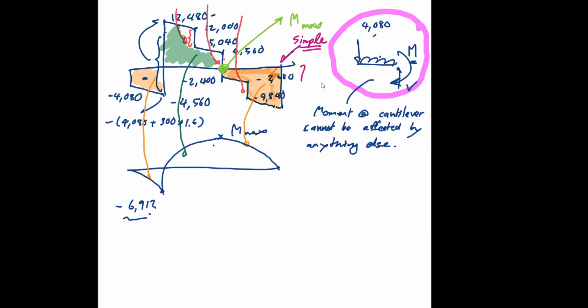Instead of calculating from left to right and then trying to add this number with this positive area to get the M max, you could also calculate the M max by simply looking at the negative area on the right as well. So exactly what I did. This M max can be calculated by using the negative area here. So if you're smart enough, you don't have to mess with the green area at all, and you calculate these two values, and then your bending moment diagram is complete.